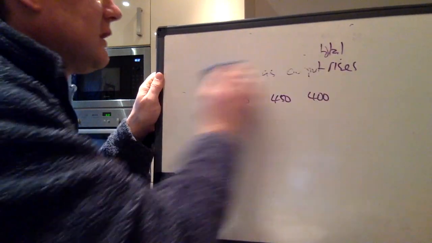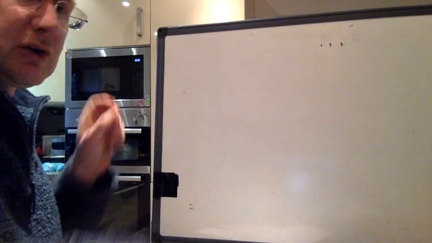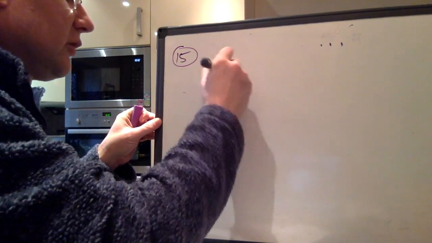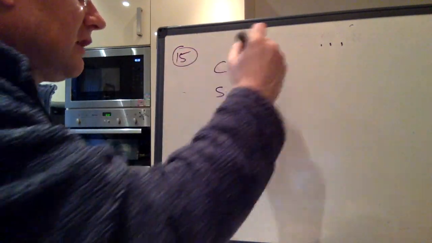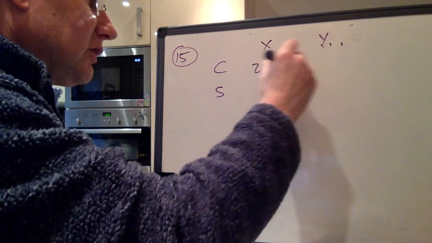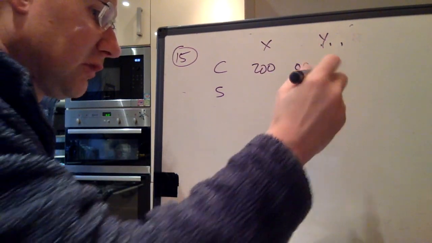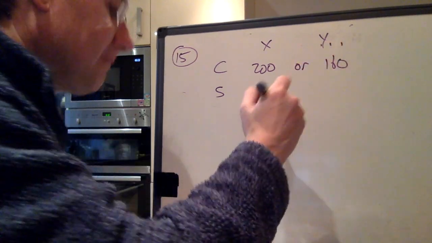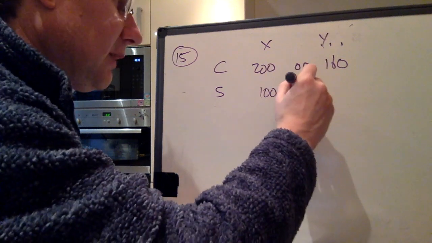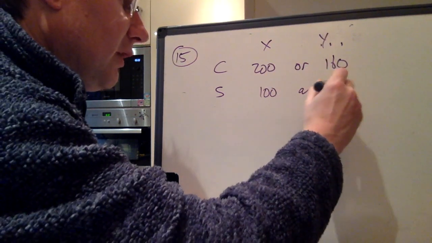Okay, 15 is a comparative advantage question. You've got two economies which we'll simply call C and S, and two goods, X and Y. Calinia, with a worker, can produce either 200X or 160Y, whereas Stefania can produce 100X or 50Y.